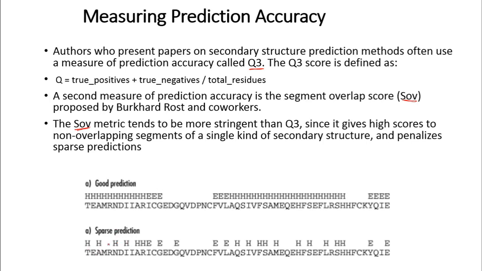If such a prediction comes, what will we do? We give it a lower score, and the lower the score, the lower the accuracy of prediction. Such sparse prediction would be penalized, and a certain score would be subtracted from the final score, so the final score would decrease. If the final score decreases, it is not a good prediction. Well, this would be the good prediction. Why? Because we know.